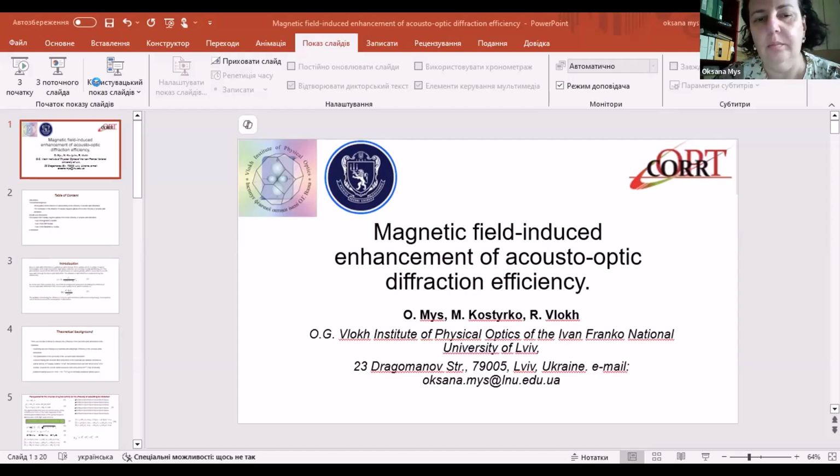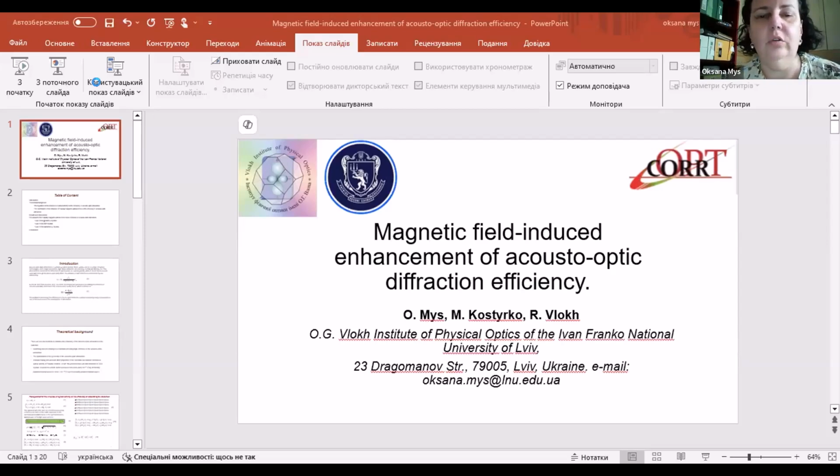I will introduce some prerequisites of the influence of optical activity on the efficiency of acousto-optic interaction. I will consider a mechanism of the influence of Faraday rotation on the efficiency of acousto-optic diffraction. I will show the results of our simulation. I consider the case of beta barium borate crystal, KDP crystal, and sodium bismuth molybdate crystals.